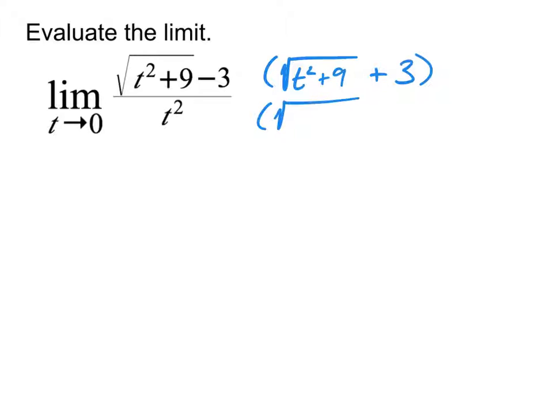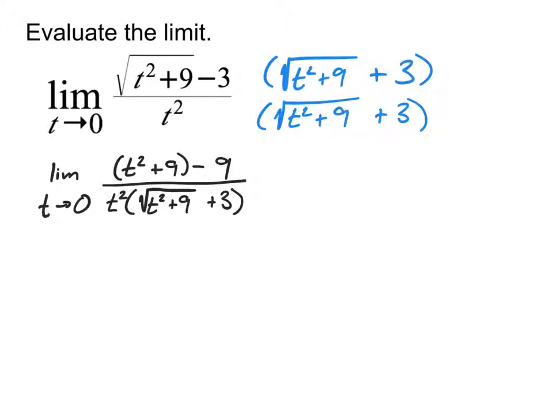And of course, on the bottom, I have to multiply by the same thing, right? All right, so seeing that that is what we are doing, now go ahead and do that multiplication so we can check that we got that multiplying part down. So this is what your new numerator should be when you multiply by the conjugate. Make sure you got that, and then simplify from there, of course.